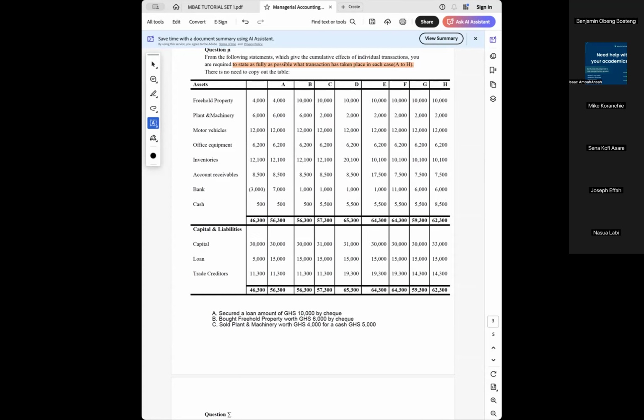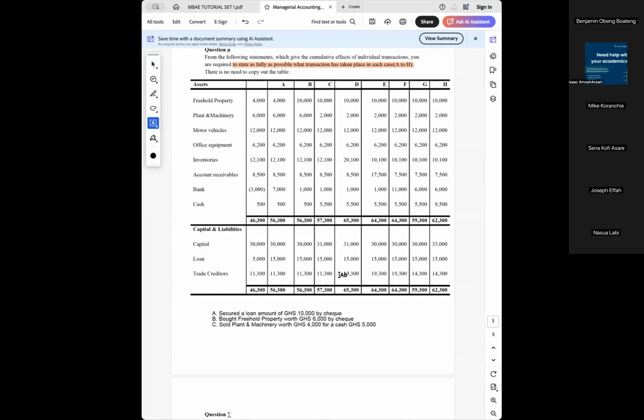Column D as against column C, I see for inventory, there's an increase of 8,000. In column C, it was 12,100, and then in column D, it's 20,100. Now, when I come down to the capitals and liabilities, I see trade creditors.